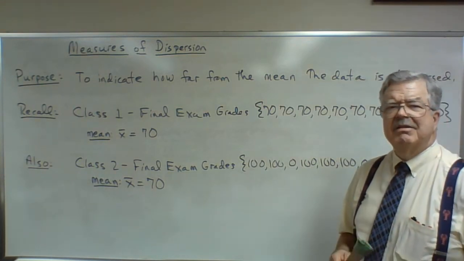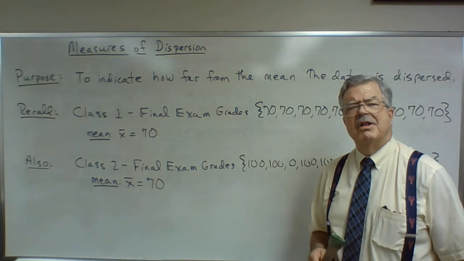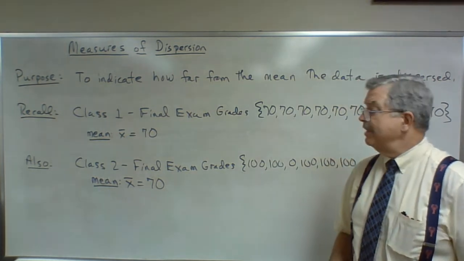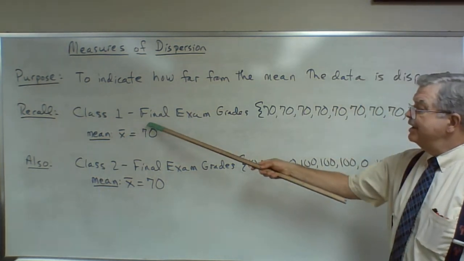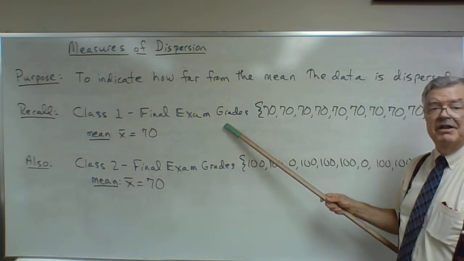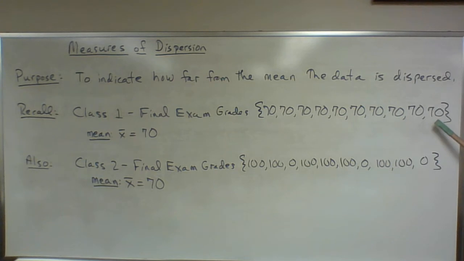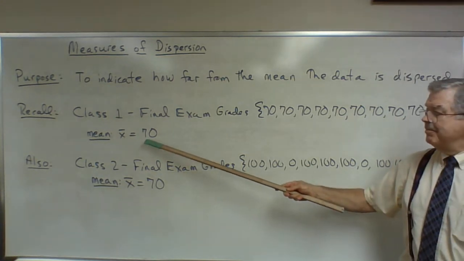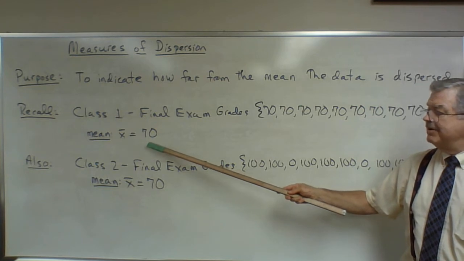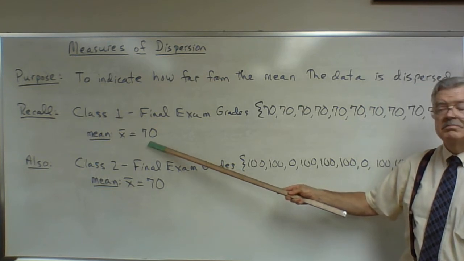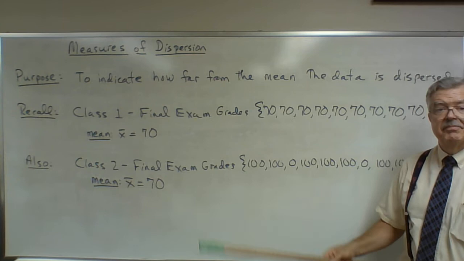To illustrate, let's recall a couple of examples from our last lecture. Class 1, final exam grades, 10 students in the class. Whoa, everybody in the class got a 70. And the mean, arithmetic mean, final exam grade was 70.